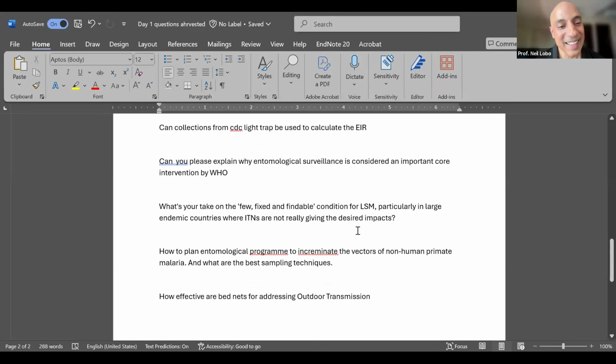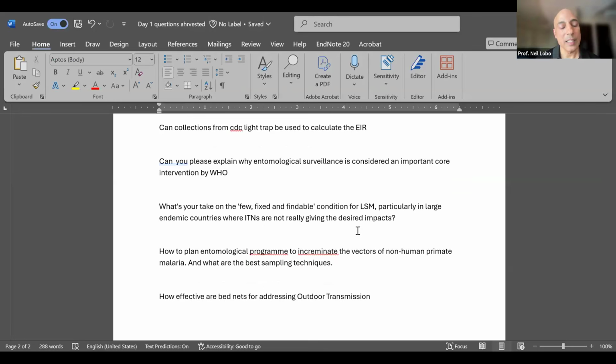Great. So it is considered a core intervention because you understand everything about your transmission system from an entomological perspective. And when you understand things, as I went over in a whole bunch of the initial slides, you can make better decisions. And if you make better decisions, you protect people better.